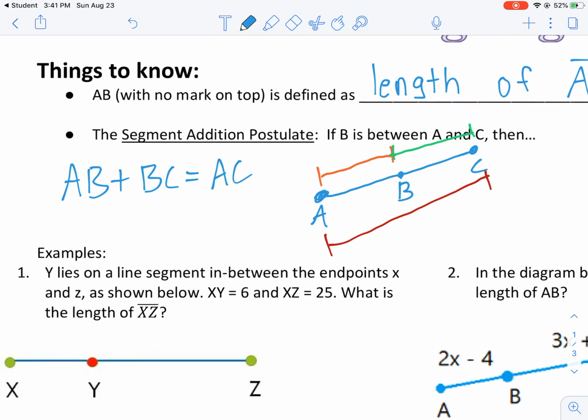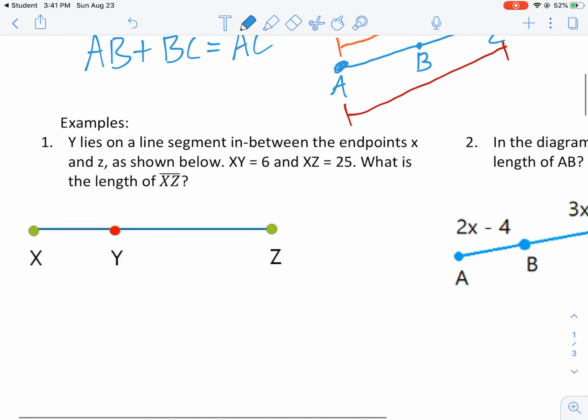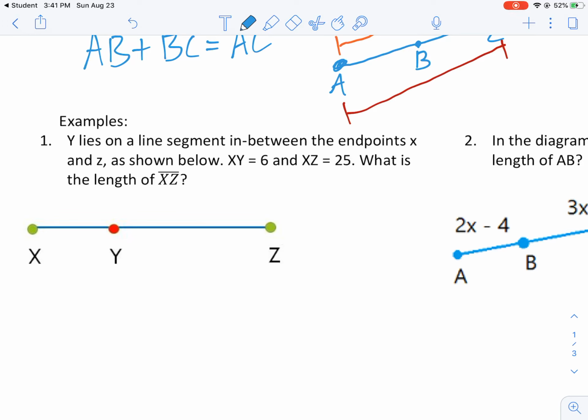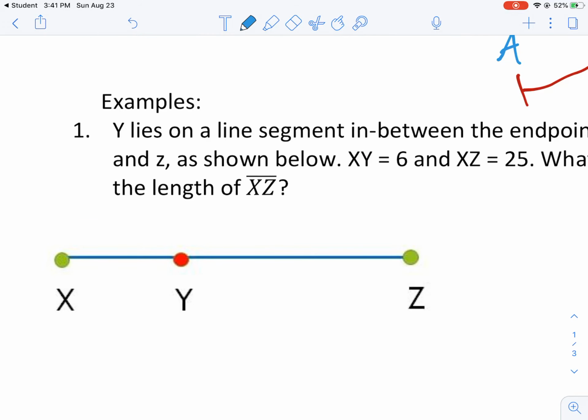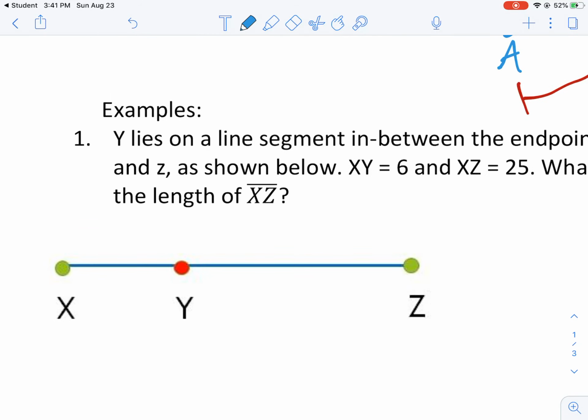So I'm going to show you a couple examples. The first one says, Y lies on a line segment in between the endpoints X and Z as shown below. So we've got X, we've got Y in the middle, and then we've got Z. It tells us that XY is equal to 6, so we're going to label that.